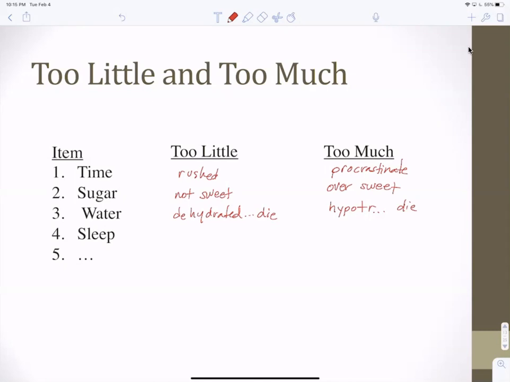Too little sleep, you're tired. Have you ever taken a nap too long or slept too long? You woke up and you're all tired because you slept too much. So these two here are kind of weird. Too much and too little have the same effect.